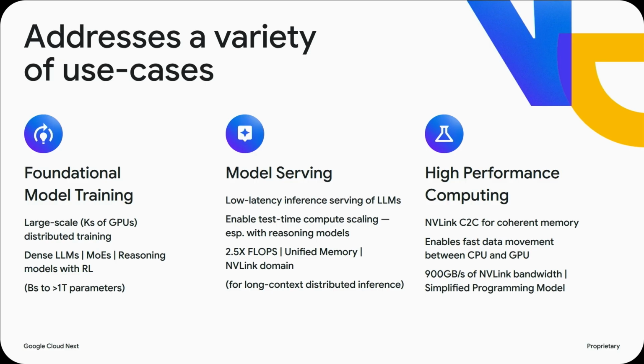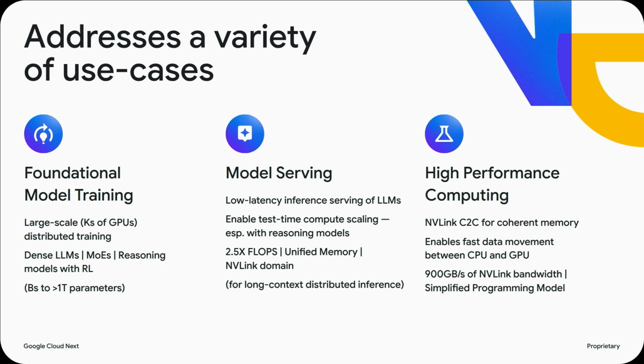I also want to point out that these systems are really good for general high performance scientific computing use cases, because you get coherent memory, different precision type support, and the NVLink interconnect. So it's targeted at a variety of different high performance accelerated computing use cases.